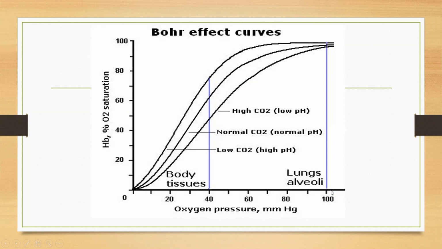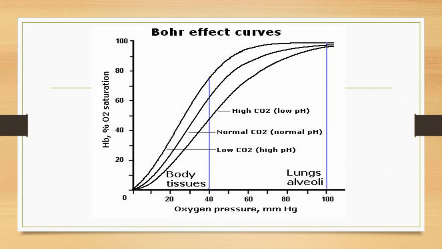So at 100 mmHg, 100% saturation of oxyhemoglobin is possible. That means all 4 Fe combine with molecules of oxygen. Each Fe ion can pick up a molecule of oxygen.